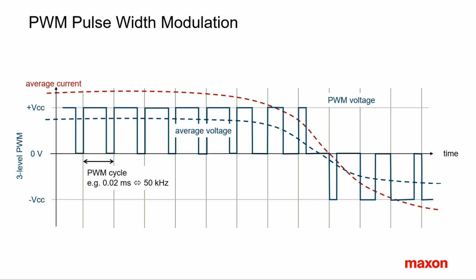Therefore, from a mechanical point of view, they cannot react to voltage frequency above a few hundred hertz. Yet, even PWM frequency at a few kilohertz will excite vibrations in motors and lead to audible humming. Hence, from a mechanical standpoint, better use PWM frequencies above 20 kHz.